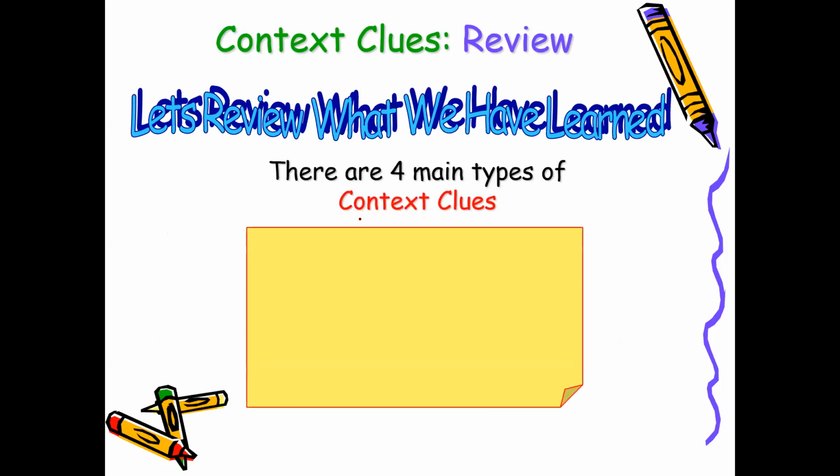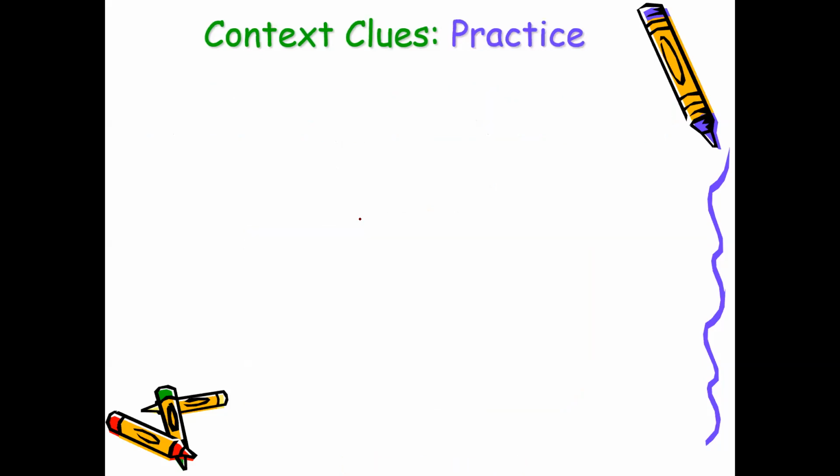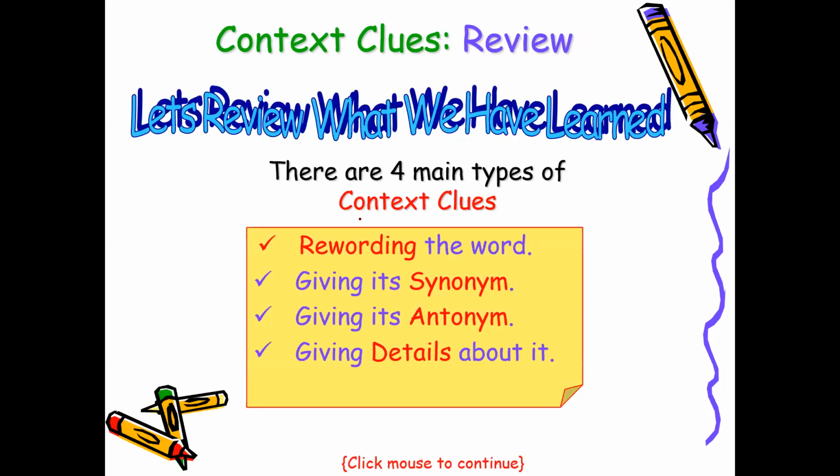So today, we were talking about four main types of context clues: rewording the word, giving its synonym, giving its antonym, and giving details about it. So when you think about it, I like to call these four DARS. Can you tell me what the acronym DARS means?